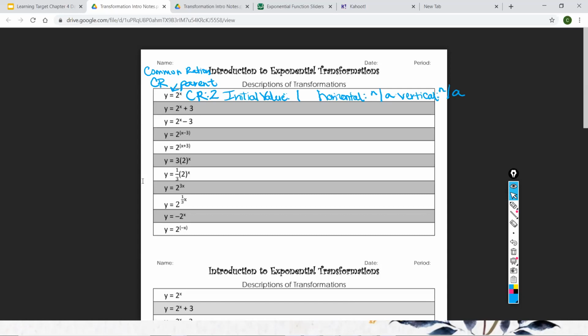There's no initial values. A horizontal is only just from the beach.